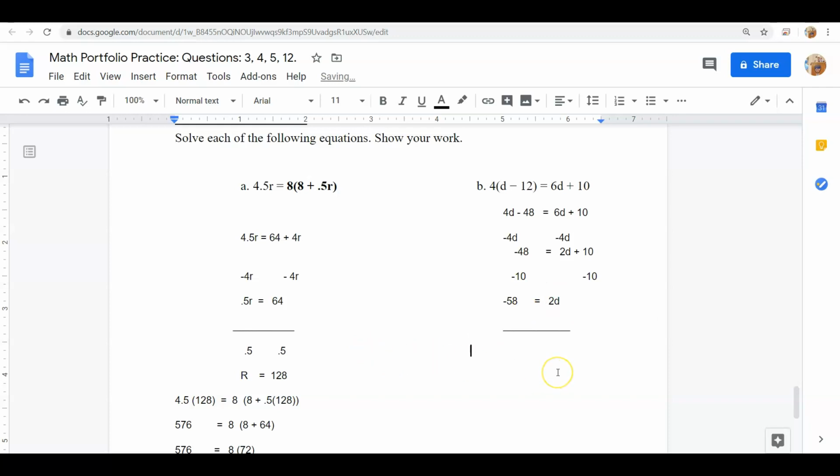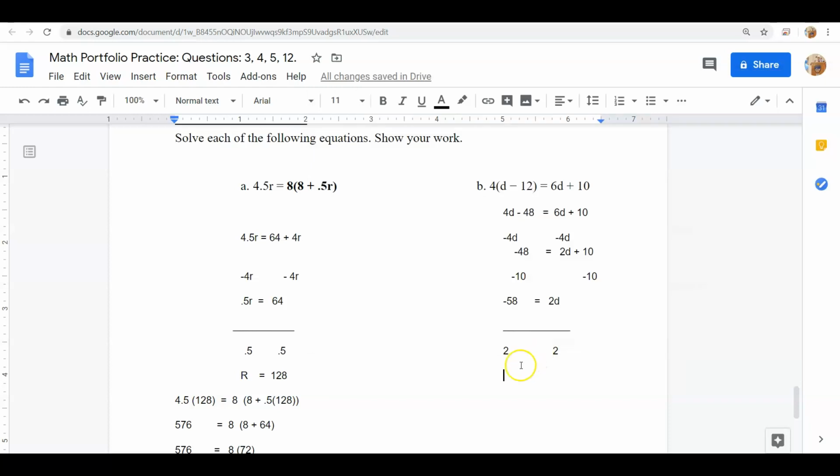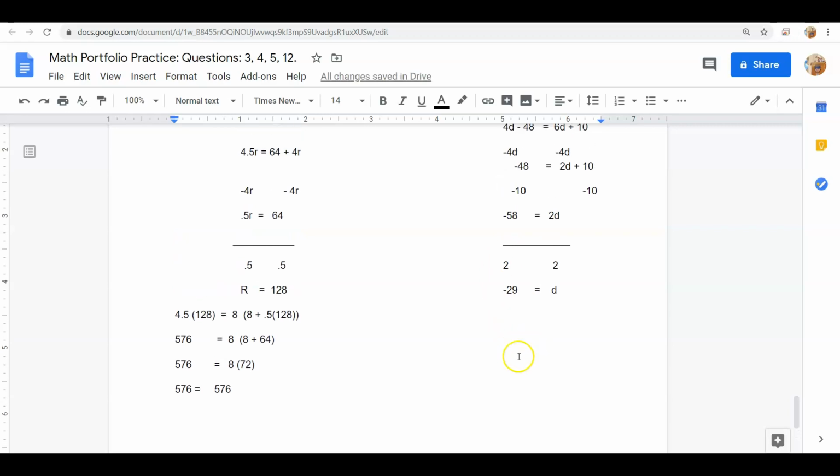To remove the multiplication, we divide. We divide by this number too. So divide by 2. Divide by 2. And let's see. Negative 58 divided by 2 equals negative 29. And then 2 divided by 2 is 1. So d remains. And d is equal to negative 29.